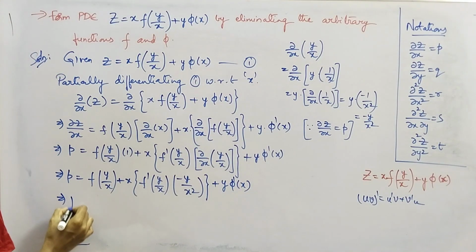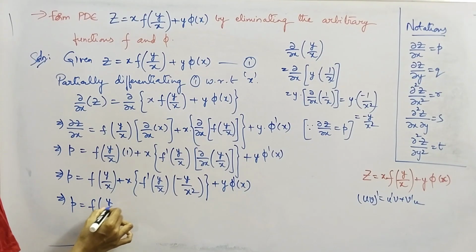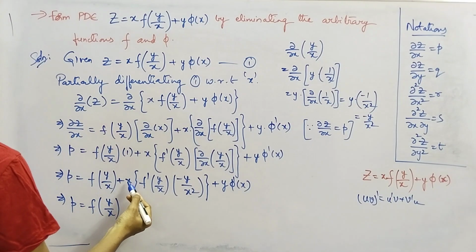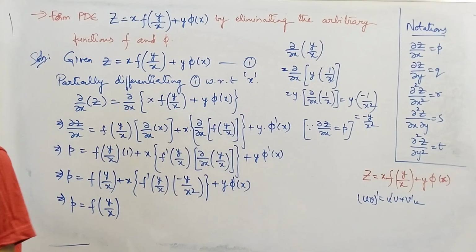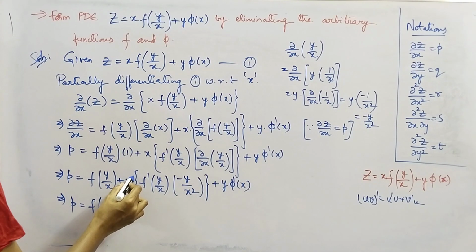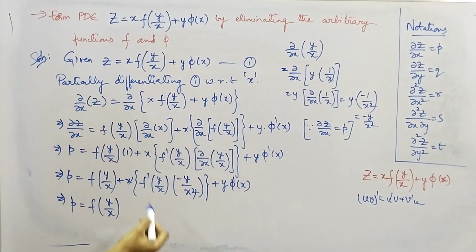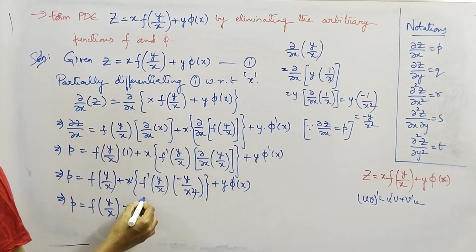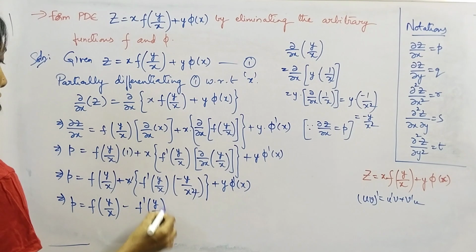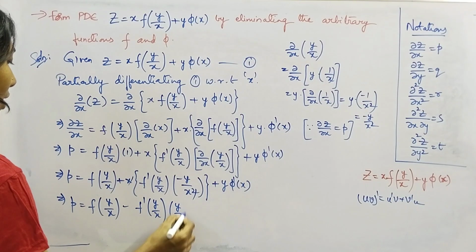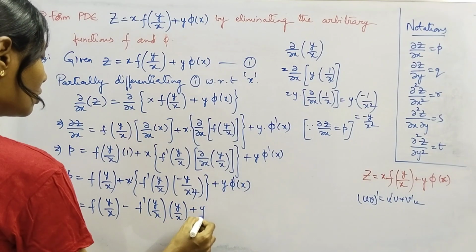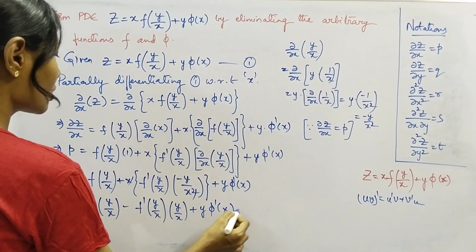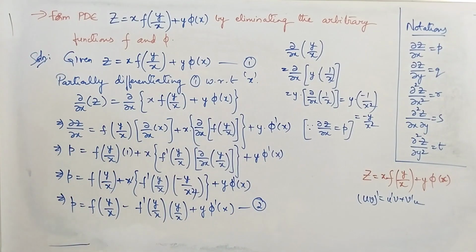This gives us p equal to f of y by x. x into minus y by x square is minus y by x, one x gets cancelled. Then you'll get plus into minus, minus f dash of y by x into y by x, plus y into phi dash of x. Consider this as equation number 2.